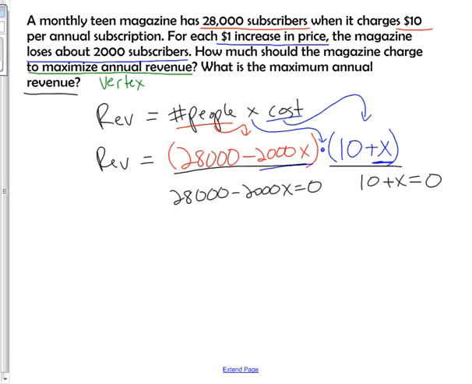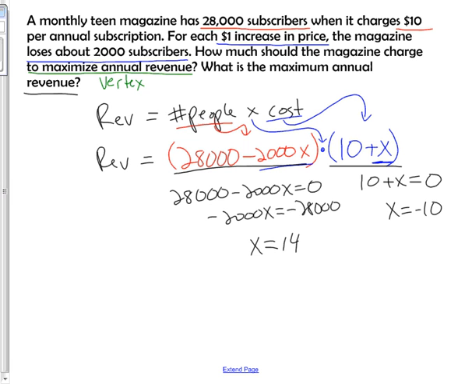Alrighty, so to solve this, we subtract the 28,000, and we get negative 2,000x equals negative 28,000. Divide by negative 2,000, and we get that x is 14. And over here, this is a really easy one. Subtract 10, and we get that x is negative 10. So these are the two x-intercepts, and we want the vertex, though.